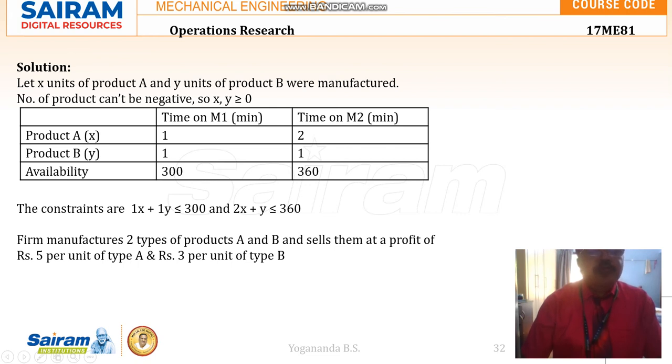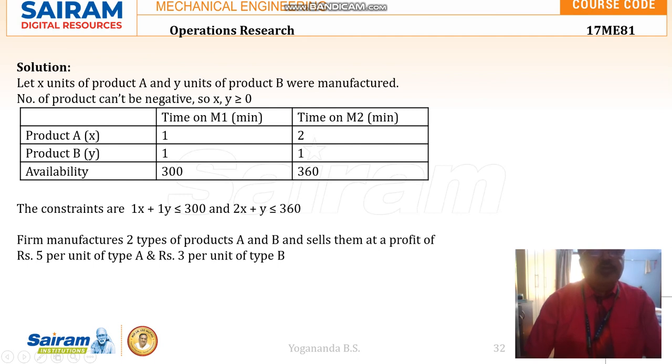Similarly, if I produce 1 unit of B, the time is 1 minute, so for y number of units, it is 1y.